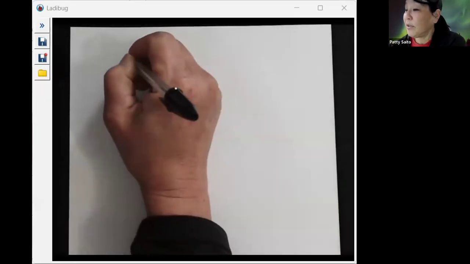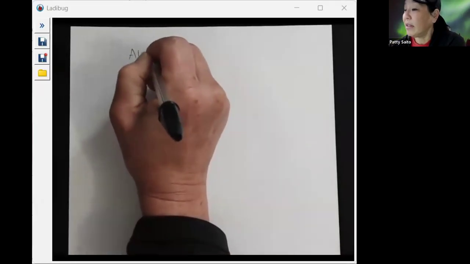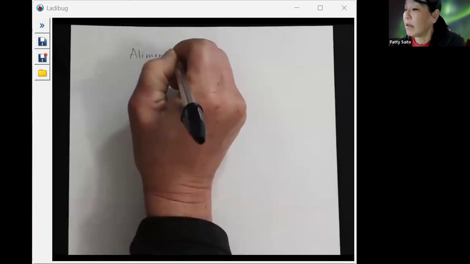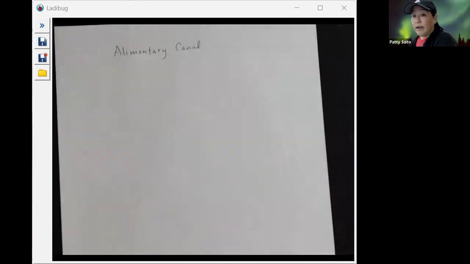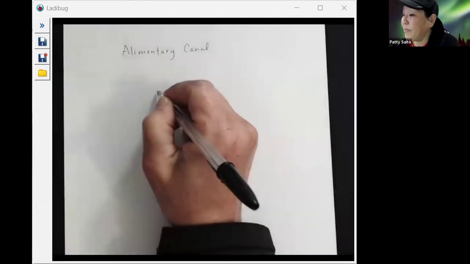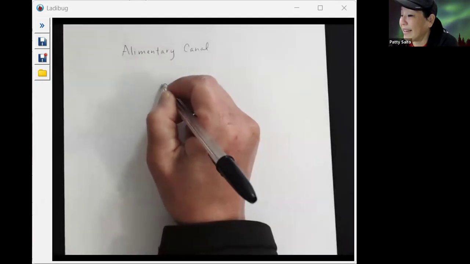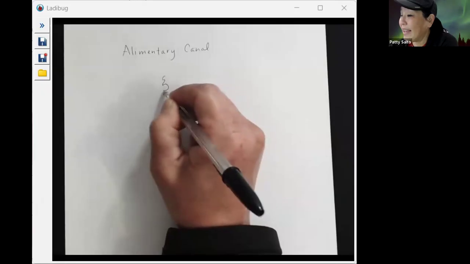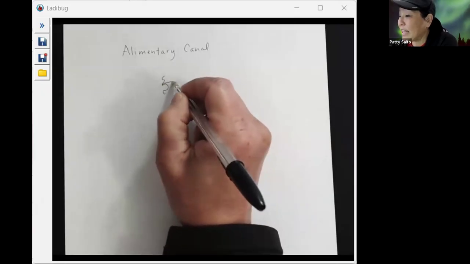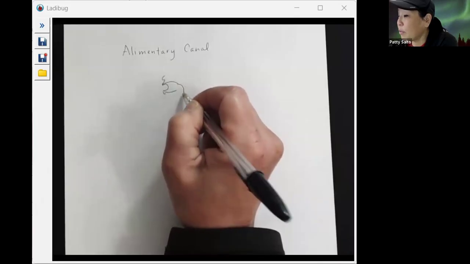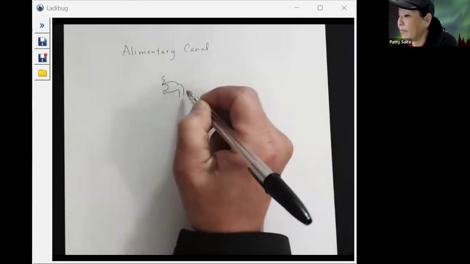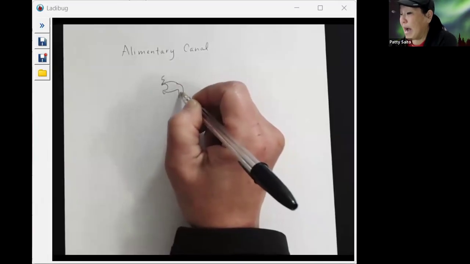All right, so let's do the alimentary canal. All right, so we'll start at the mouth here, right? I should actually say the oral cavity here. And then we get to the throat, the pharynx, okay, which is the back of the mouth.